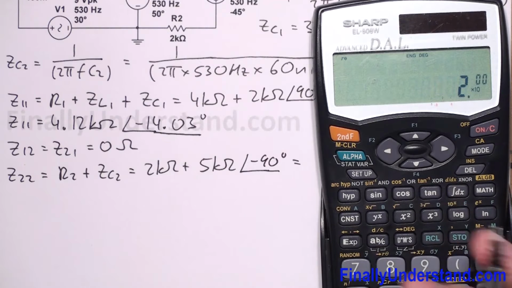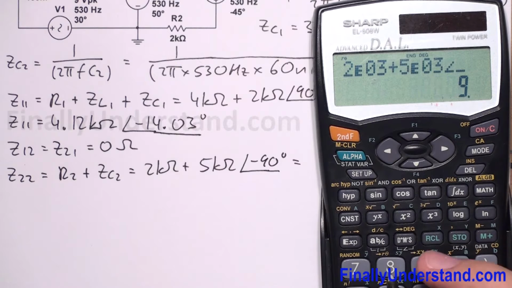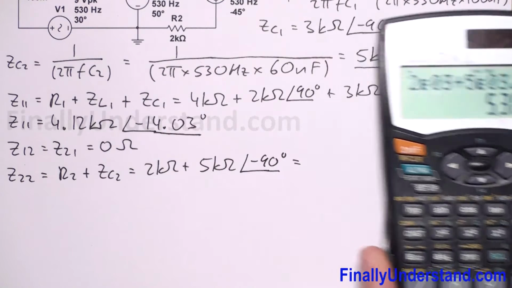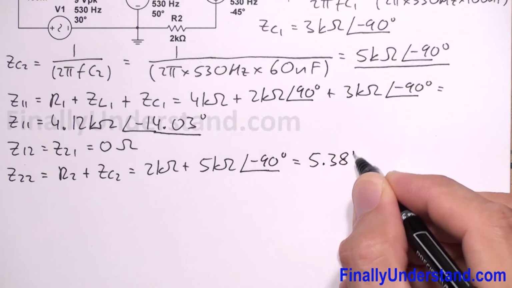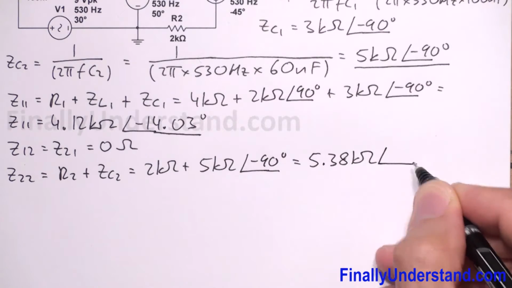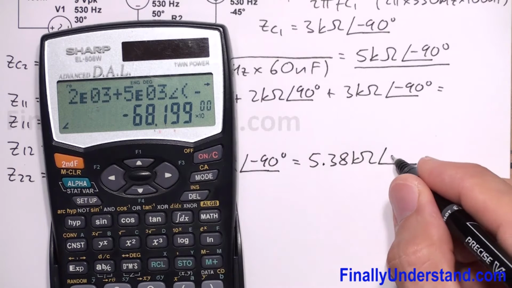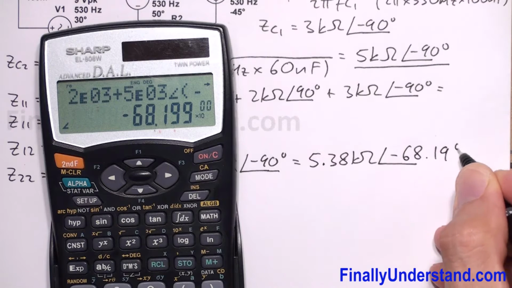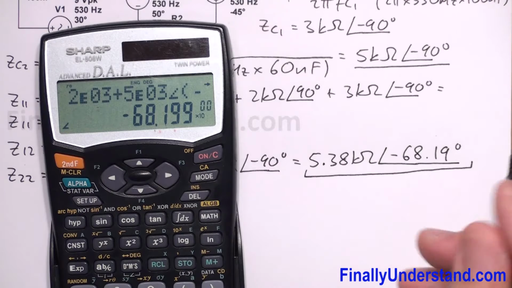So I have 2 exponent 3 plus 5 exponent 3 and angle of negative 90. This is equal to 5.38 kiloohms and an angle of negative 68.19 degrees. So this is my Z22.